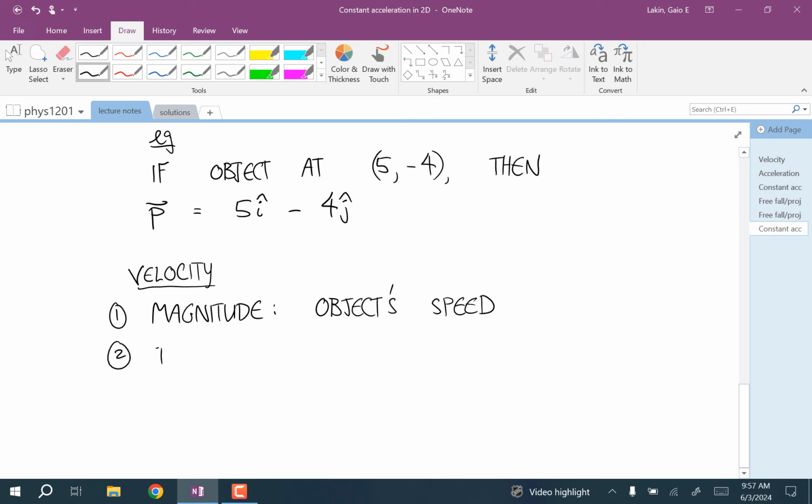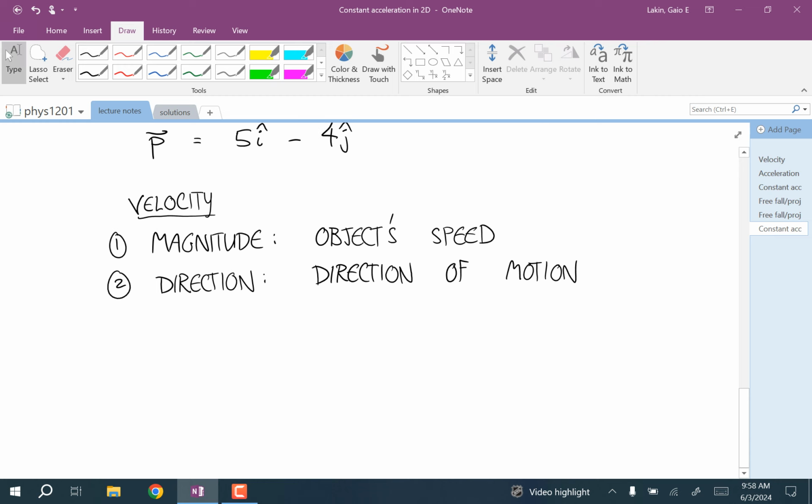And the direction is the object's direction of motion at that instant, whatever direction the object is moving. And so to calculate this, we're going to take the arrow, put its tail at the origin, and calculate the coordinates of the head.